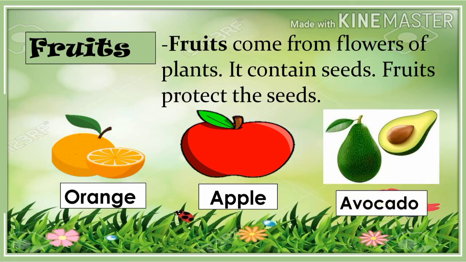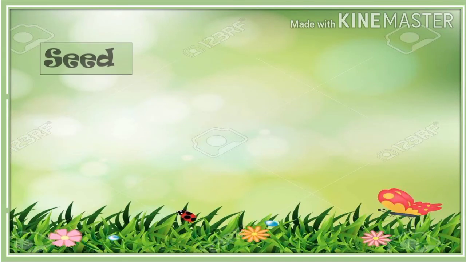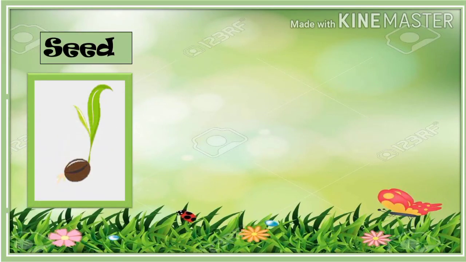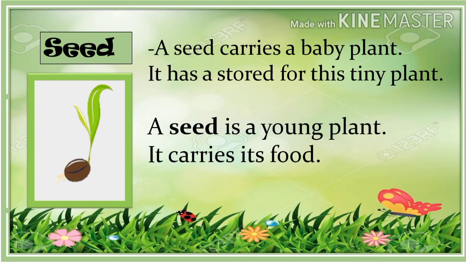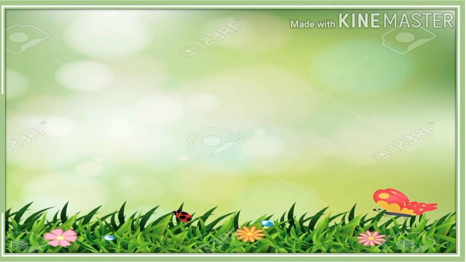Next, seed. What do we mean by the seed? A seed carries a baby plant and it has stored food for this tiny plant. A seed is a young plant and it carries its food. A seed has different parts.